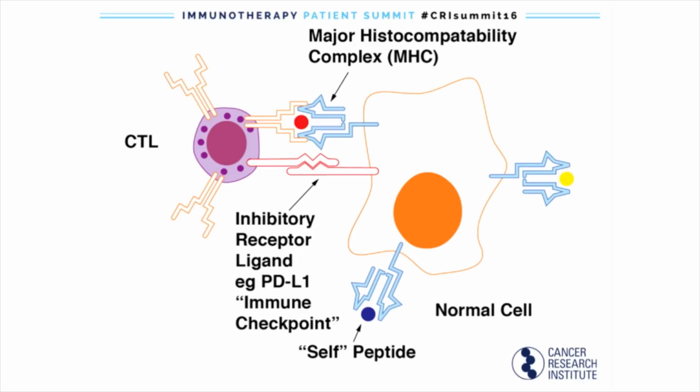So cytotoxic T lymphocytes, or killer T cells, circulate around your body, and their T cell receptors will look at the major histocompatibility complexes that they encounter. They read the protein that's stuck in the major histocompatibility complex, sort of like a barcode, and if they see that it's a self protein that is normal, there's no positive signal.